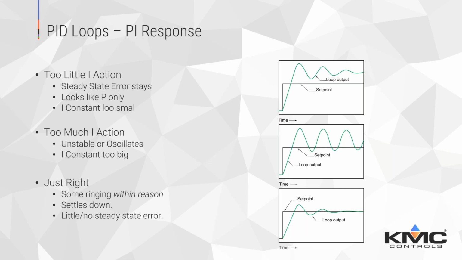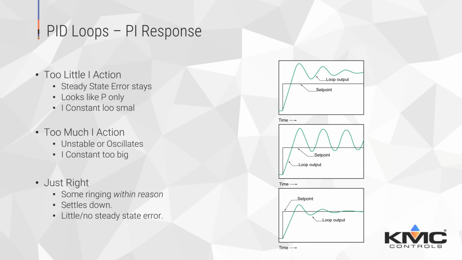They look the same, and it results in unstable, or I've got ringing. Again, maybe 0 to 100% continually, or oscillations that don't settle down. This all means that I have too much action and my system can't respond quick enough to get a proper measurement. So when this happens, reduce that I term back out and we should see that loop settle down.